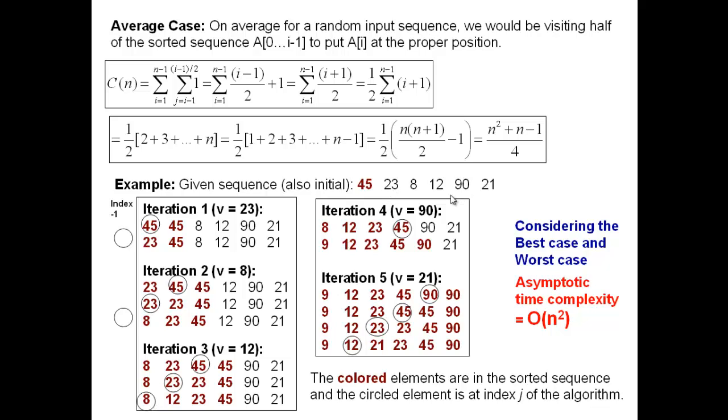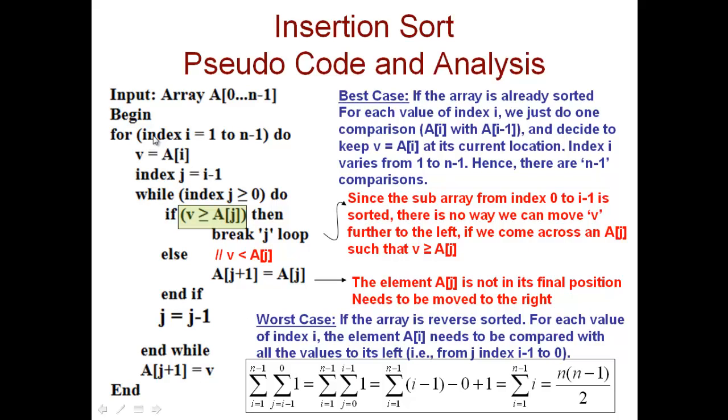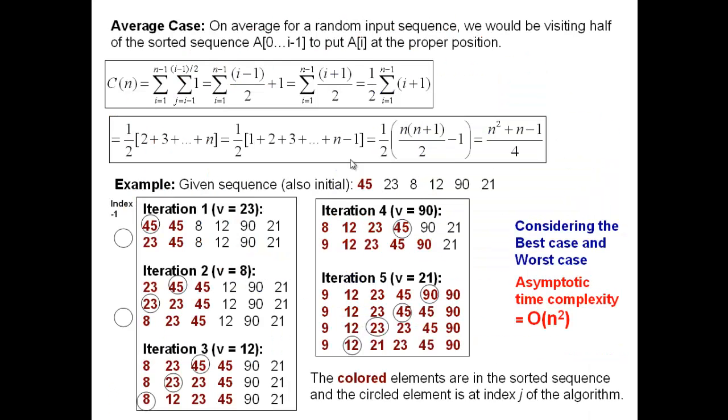That's why in the pseudo code we'll see the index I running from 1 to n minus 1, because that's really the unsorted portion. The element at index 0 could be considered part of the sorted portion.